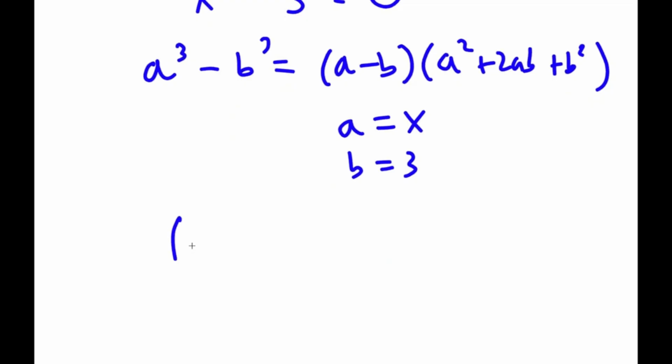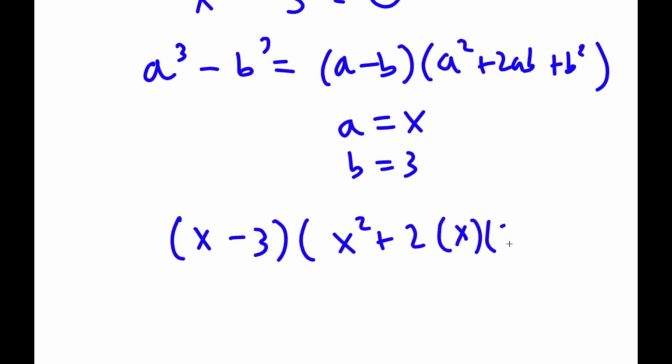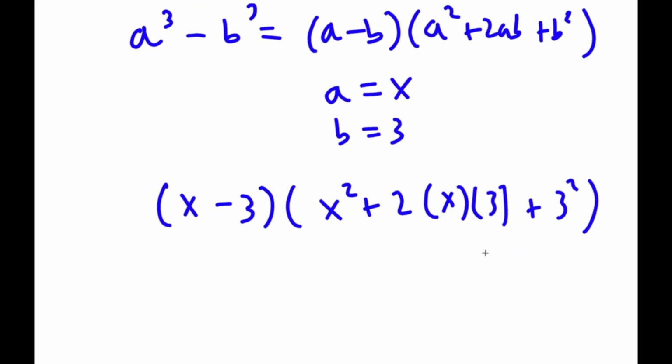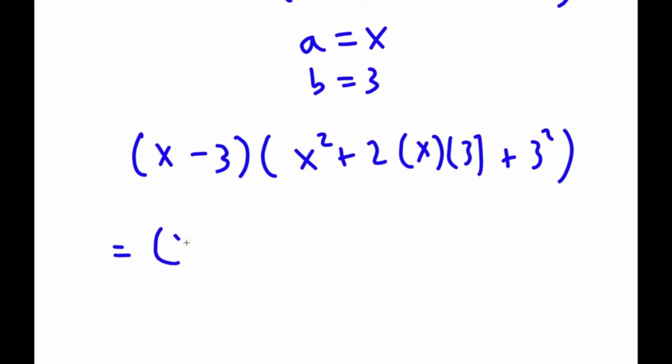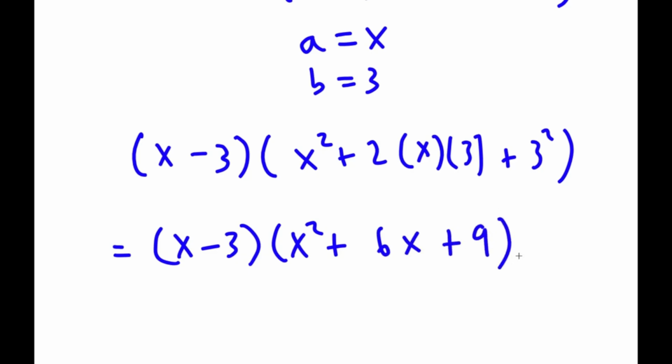So now I have x minus 3 times x squared plus 2 times x times 3 plus 3 squared. Now this is equal to x minus 3 times x squared plus 2 times 3 is 6, so I have 6x plus 3 squared is 9. And remember, this is all equal to 0.